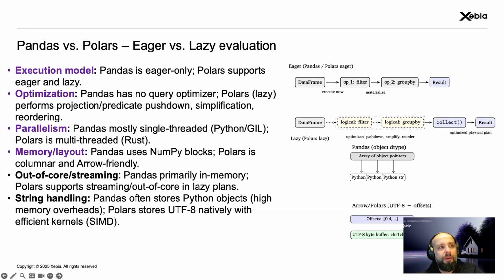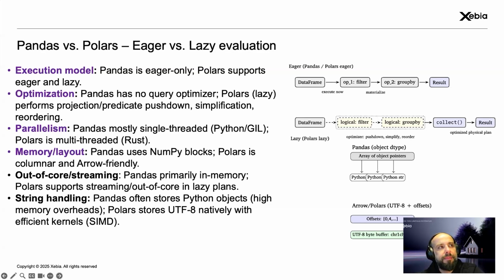So there are no overheads as in pandas for storing strings as objects with some additional pointers. Polars uses a truly UTF-8 native way of representing the data, compatible with Apache Arrow.